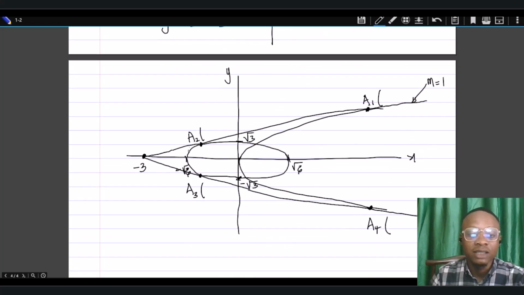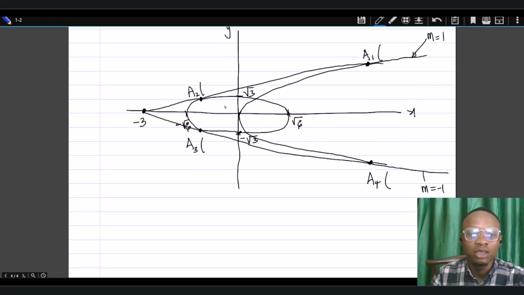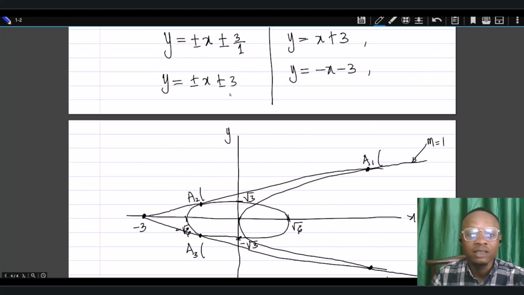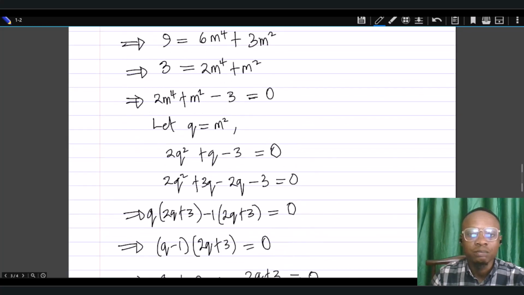So let's go ahead and get what these coordinates will be where these intercept the ellipse. Let's start with where it intercepts the ellipse. Those will be the coordinates of A2 and A3. We know A2 corresponds to where y is positive, and in this case x is negative for both of them. So let's see how that works.